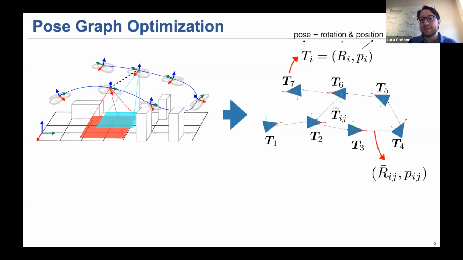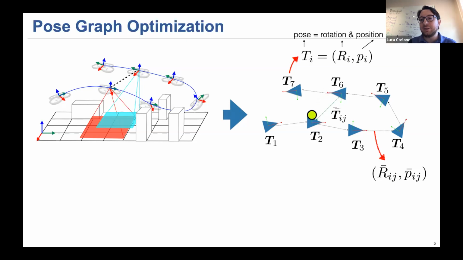So on the mathematical side, we abstracted away a very complicated problem into a very nice and simple mathematical formulation in which essentially we want to estimate poses attached to nodes in a graph. These are T1, T2, T3, and so on. And remember that each pose by definition is just a rotation, Ri, and a position, Pi. What we are given to solve for these poses are relative measurements attached to the edges of this graph.